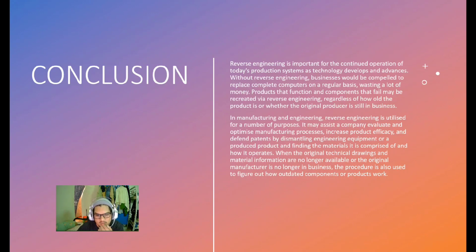When the original technical drawing and material information are no longer available, or the original manufacturer is no longer in business, it is also used to figure out how an outdated component or product works.